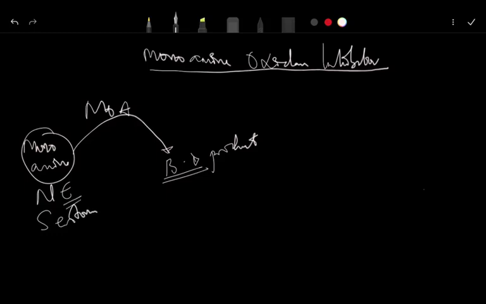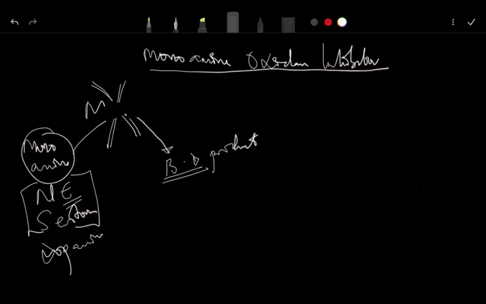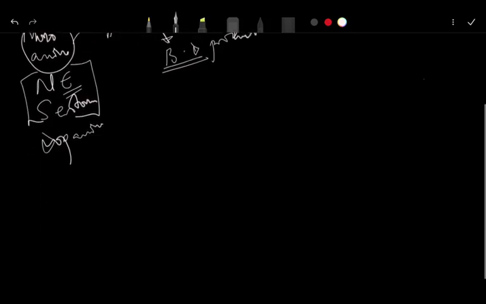So it destroys them. If we can inhibit this enzyme, we are going to raise the levels of norepinephrine, serotonin, and dopamine also. All these are your monoamines. If you can inhibit the monoamine oxidase enzyme, then you have solved the problem of depression.